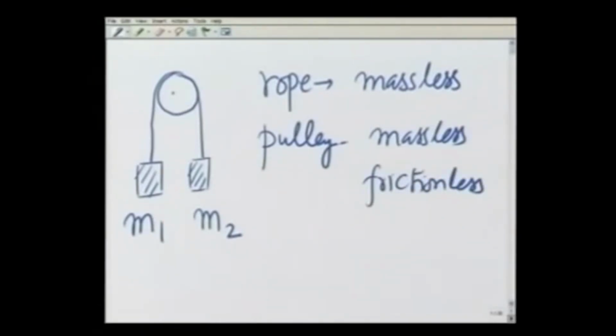You may have solved this problem time and again in your previous courses, but what I want to focus on here is how to really deal with it from the constrained motion point of view. And therefore, the first thing I am going to do is see what is causing the constraint. The constraint is caused by this rope that forces the 2 masses to move together.